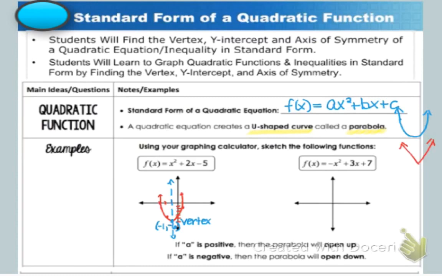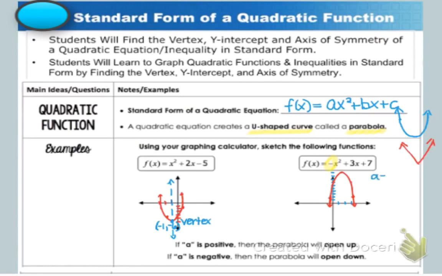So then I went ahead and graphed f of x equals -x squared plus 3x plus 7, and this is what my graph looked like. Now this parabola happens to face downward, and you might notice that the number in front of the x squared, which is called the a in this case, was negative.